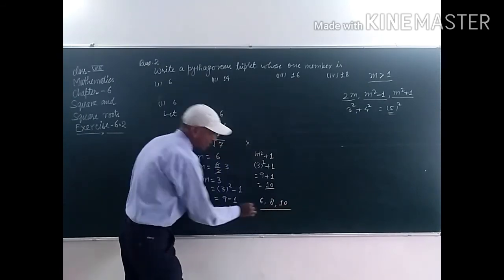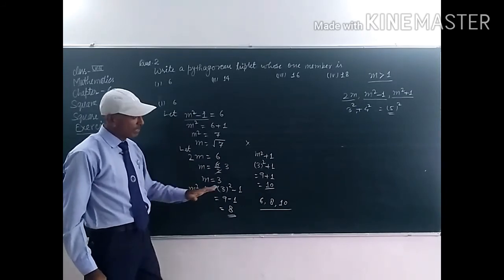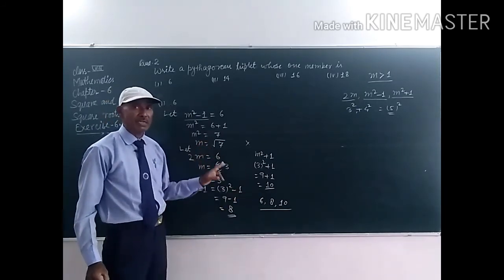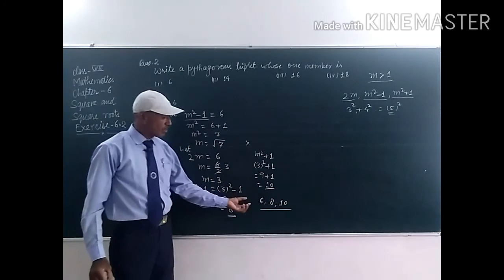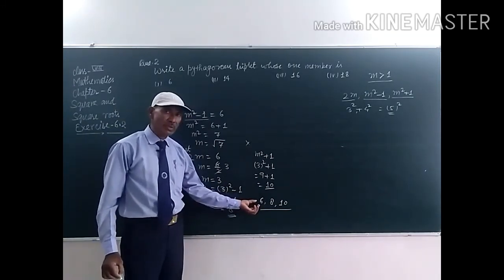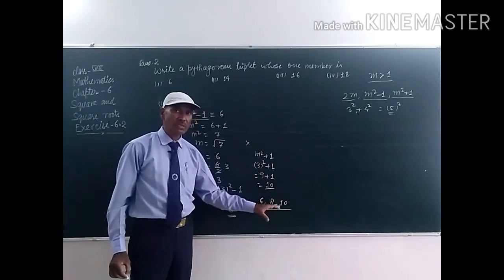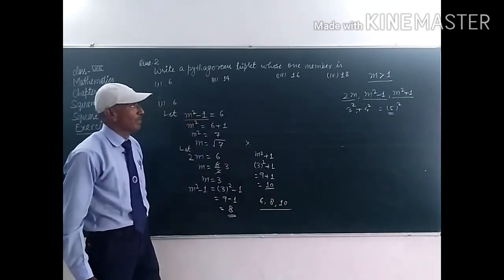We need not write the value of m here, student, because 2m is the member of the Pythagorean triplet. So we have to write 2m, m square minus 1 and m square plus 1. These are the members of the Pythagorean triplet.